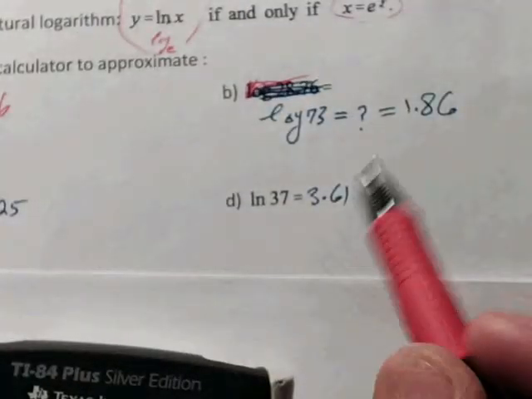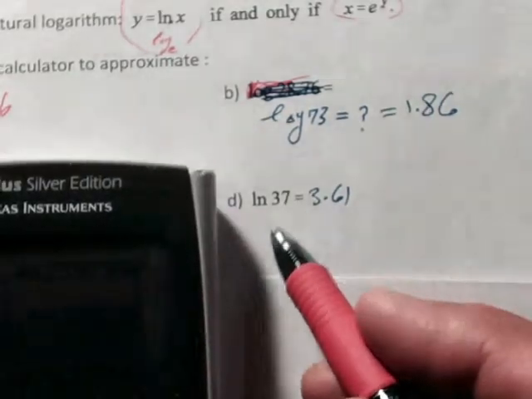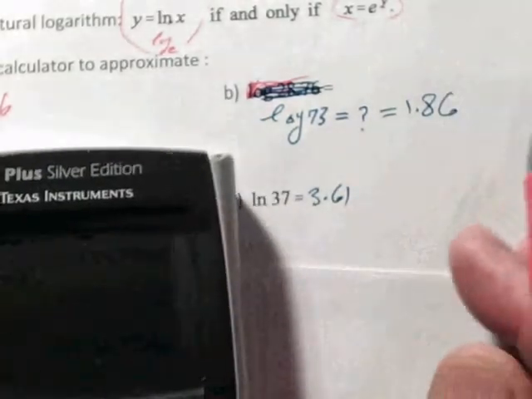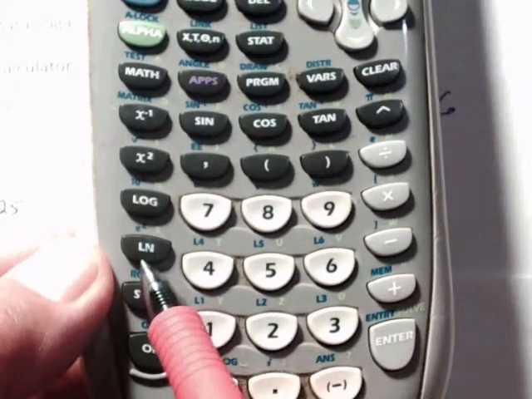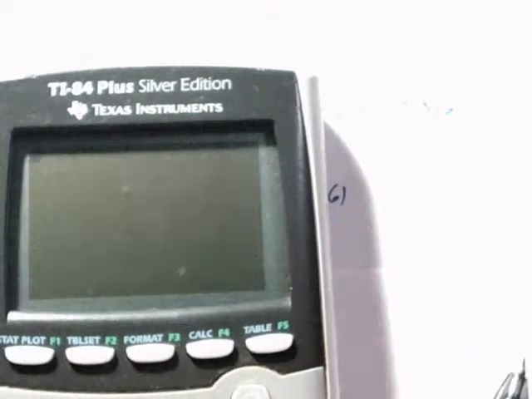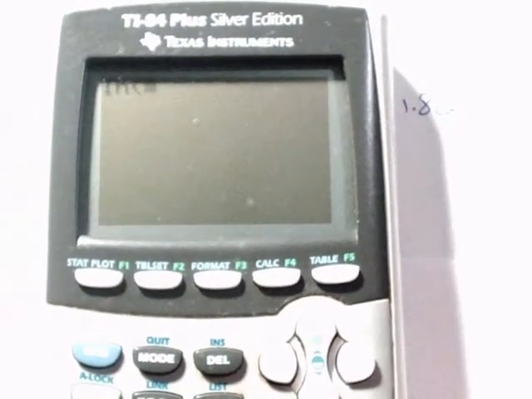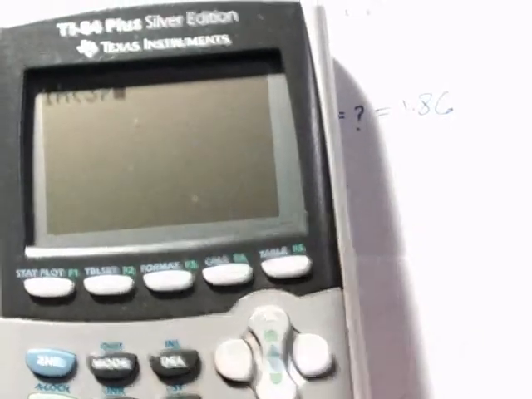Finally, if you want to do the natural log, for natural log you use ln right here. So I say ln of 37.